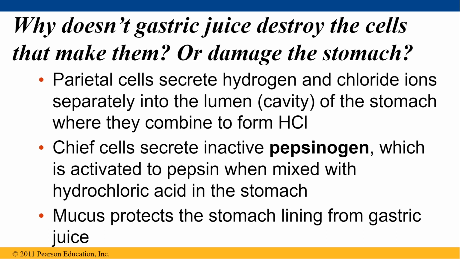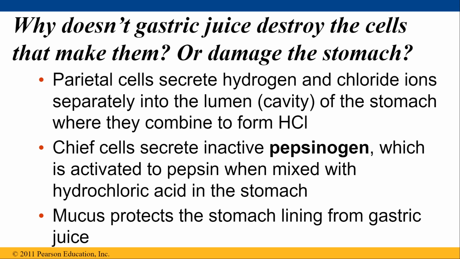It's released as another molecule called pepsinogen, which is an inactive version of pepsin. And so when the pepsinogen is secreted by those cells, it makes its way to the stomach where the hydrochloric acid will activate the pepsinogen, convert it to pepsin, and then it becomes a digestive enzyme.